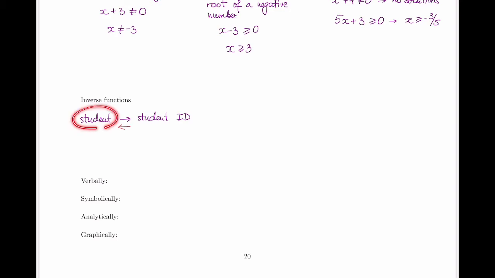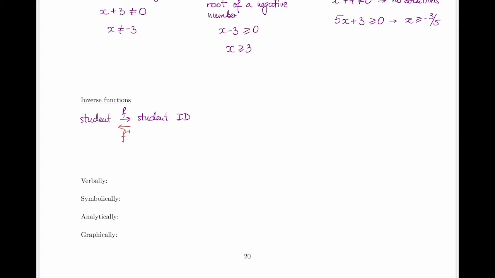So if you give me a student, I can tell you what student ID that person has, but if you give me a student ID, I can also look up and see what student corresponds to that particular student ID. So let's say if going forward was something that we called function f, then going backwards is something that we call f inverse, okay? And that is a notation for it.